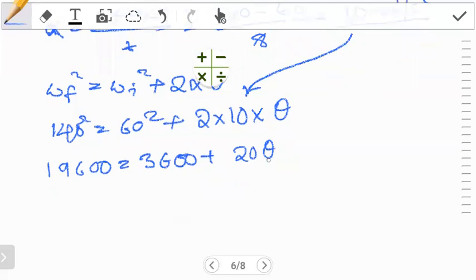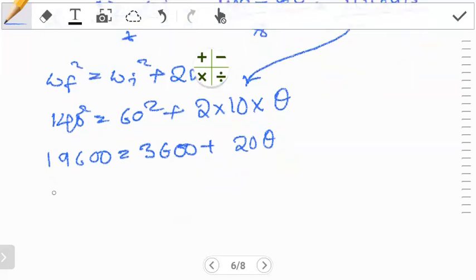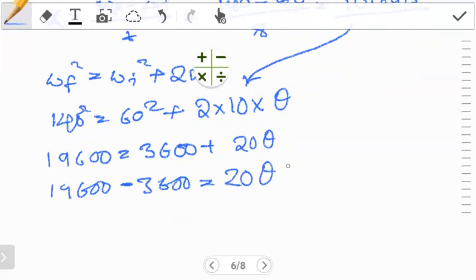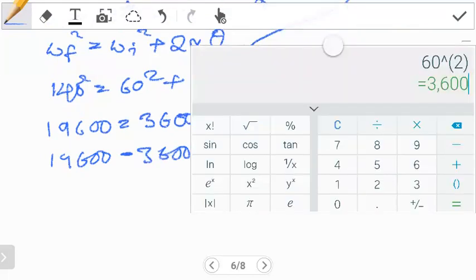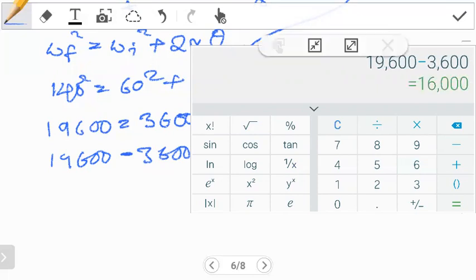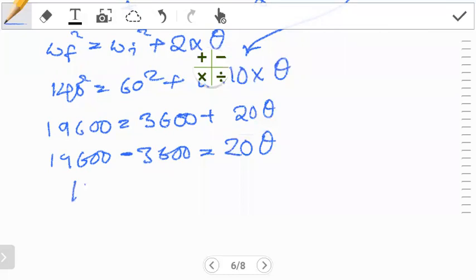Now I have 19600 minus 3600 is equal to 20 angle. Then I subtract, so 19600 minus 3600, I get 16,000, is equal to 20 angle.